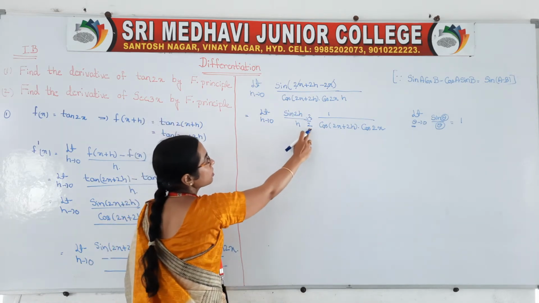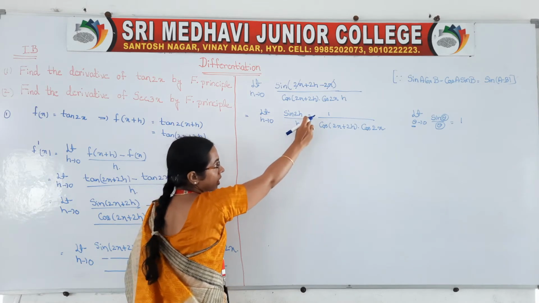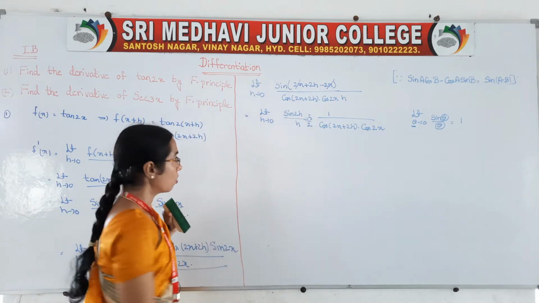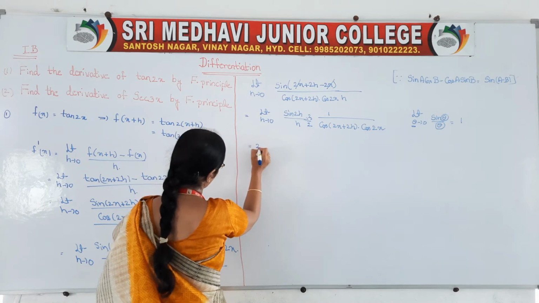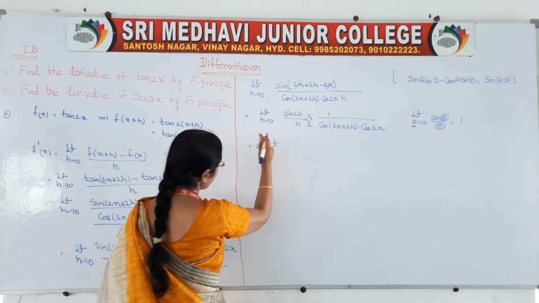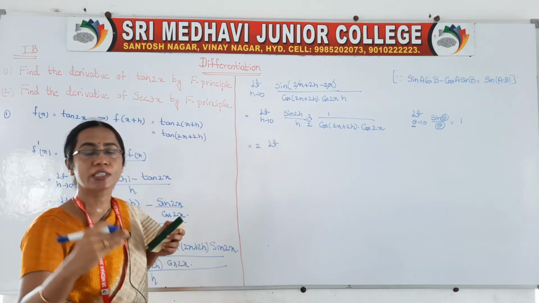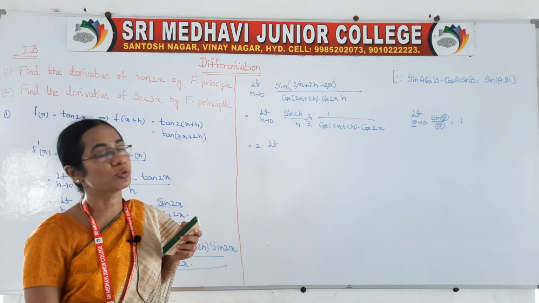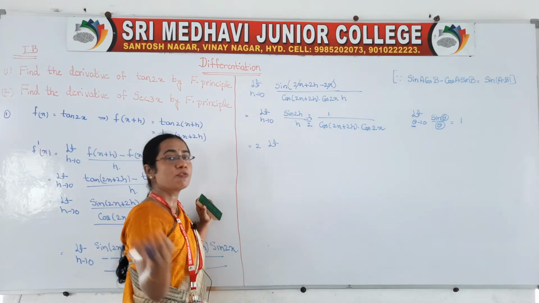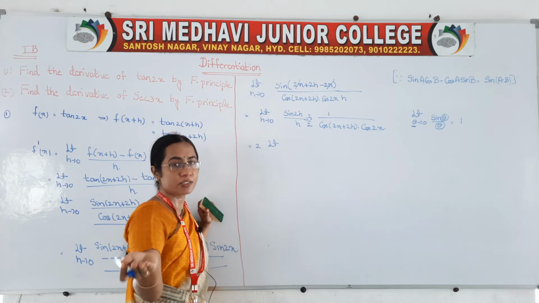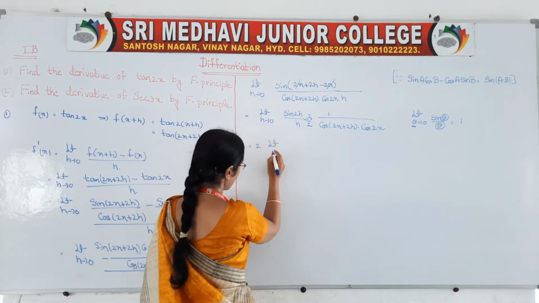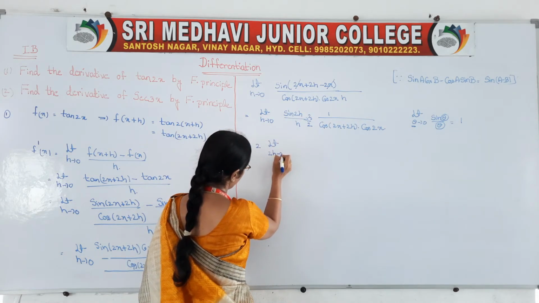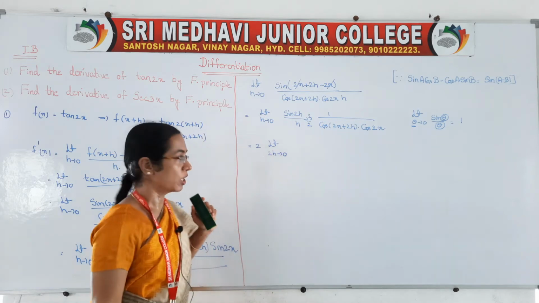We need this 2, so you take this 2 here and this 2 can be taken outside. Then what happens? 2 into limit h tends to 0, meaning the h value is 0. Instead of h, we can write 2h tends to 0.